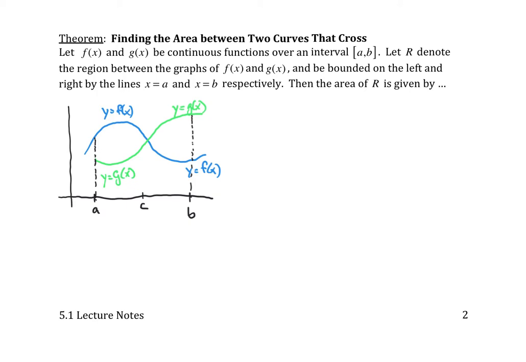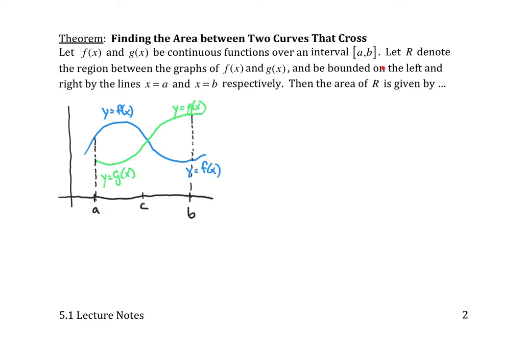And I'm trying to find the area in between these two curves. So according to the theorem, let f and g be continuous functions over some interval [a, b]. So I have exactly this situation right here. Let R denote the region between the graphs of f and g. So in this picture, you can see that R actually encompasses two regions.